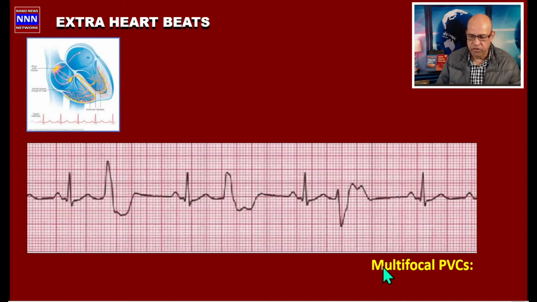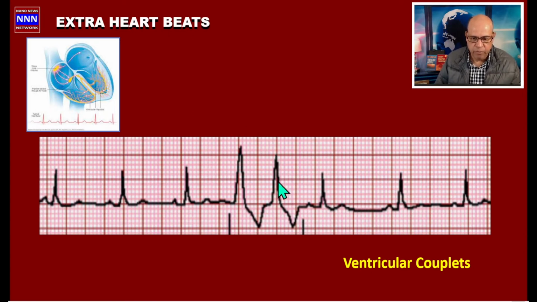So this is known as multifocal PVCs. You have to understand the difference between multifocal PVCs and unifocal PVCs. They have different morphology, they occur at different intervals, and they can be in any direction.